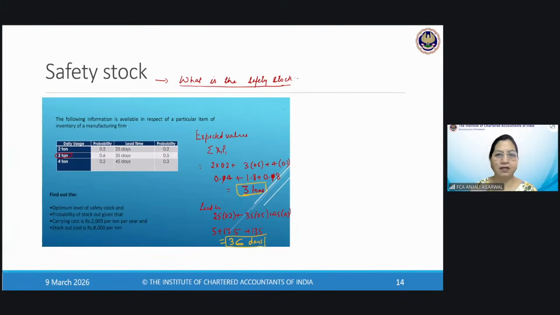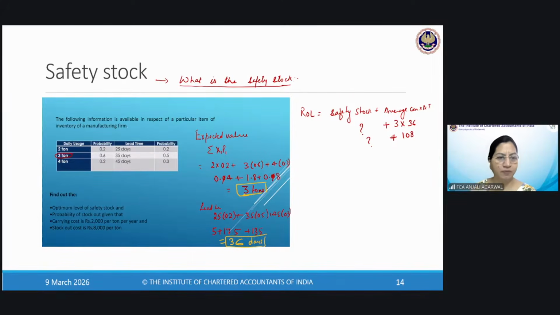Now, if you apply the ROL formula, safety stock plus average consumption into average time. So you have average consumption 3 tons, average time 36 days. So 36 into 3, 108. But plus some safety stock. Now, what should be the safety stock? That is what we are going to decide.